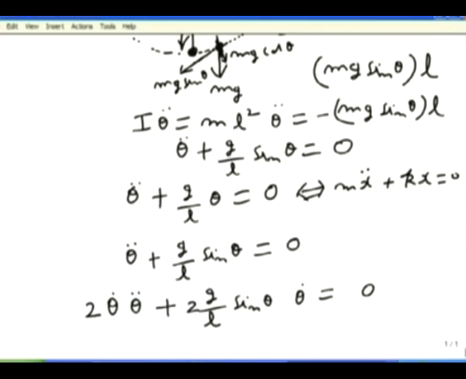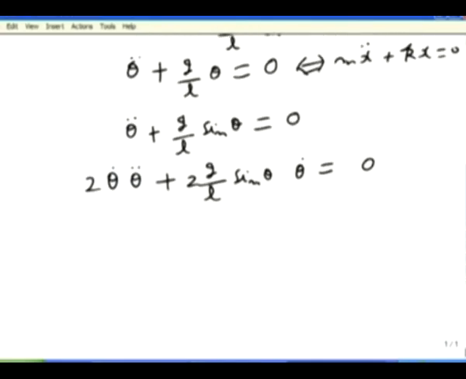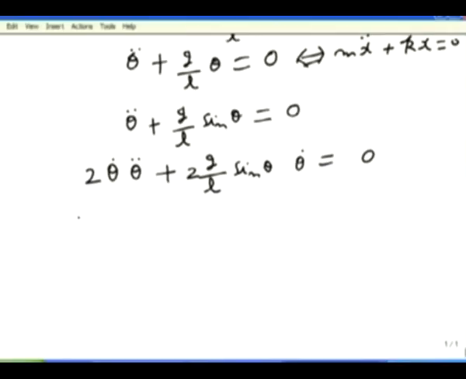Now, we want to integrate this equation between the position of maximum amplitude, maximum displacement, that is the last point of the amplitude. So, let theta m be the maximum displacement. At theta m, theta dot must be 0.